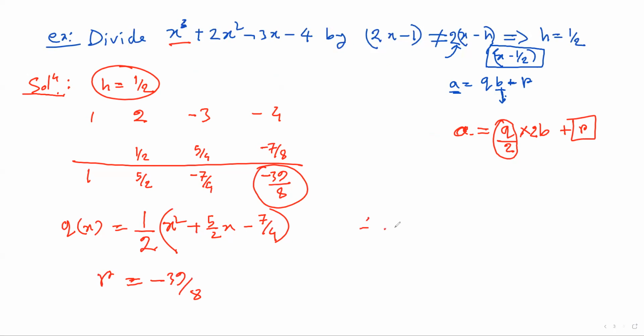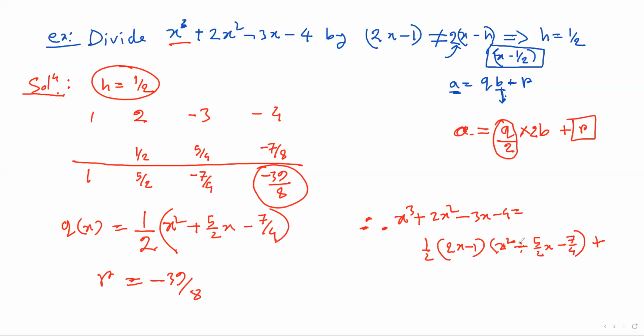So if you want to express this expression x cubed plus 2x squared minus 3x minus 4 in this form, then you can just write 2x minus 1 times half, keep that half here, x squared plus 5 by 2 x minus 7 by 4, plus the remainder.